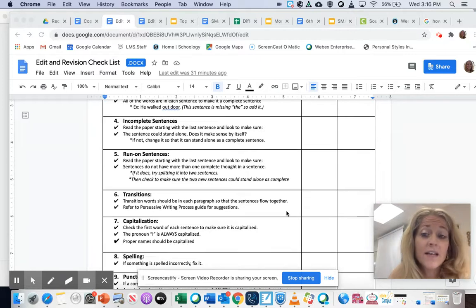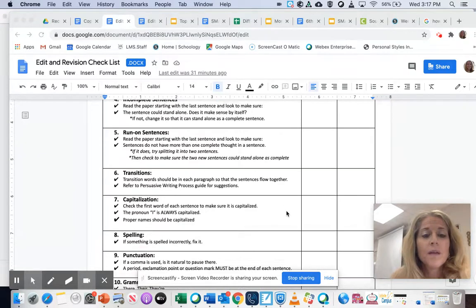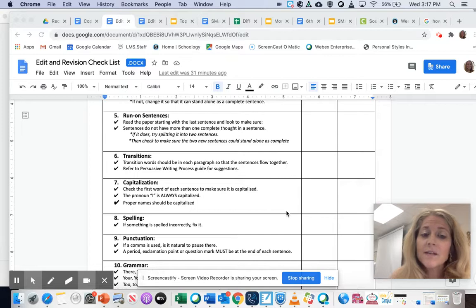Transition words. Again, those are on your assignment overview, so if you want to look back at those, that would be great. It just helps your sentences flow and makes it less choppy, which is why it's called a transition. Capitalization, obviously: first word of each sentence, the pronoun I, which you probably are using quite a bit for this persuasive essay, proper names, places, any of those words that we need to have capitalized.